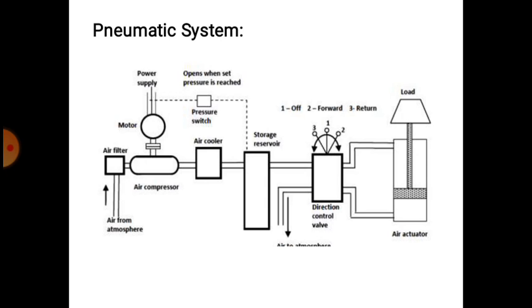From the reservoir the compressed air is passed through the direction control valve, and from the direction control valve to the actuator, and after doing the work in the actuator the air is exhausted into the atmosphere. Along with that we require a pressure switch to stop and start the motor. So these are the components of a pneumatic system: compressor, electric motor, filter, air cooler, pressure switch, air reservoir, direction control valves and actuators. There may be linear actuators or rotary actuators.